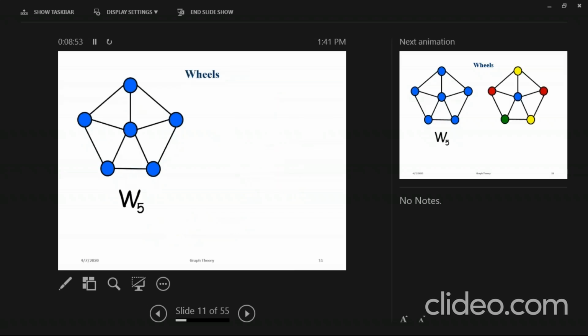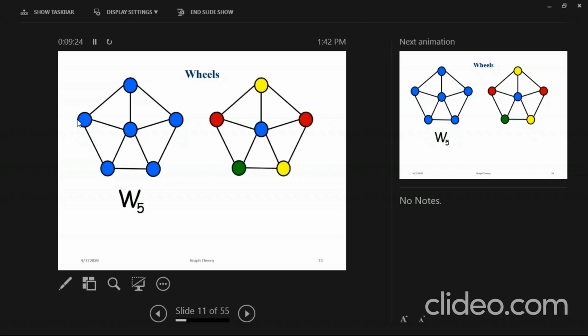Let's see the next example. Here we have connected six vertices, and out of the six vertices there are five outer vertices, and one vertex in the middle, the inner vertex, we can say. Now this particular graph forms a wheel, and to color this kind of graph we require three to four colors.